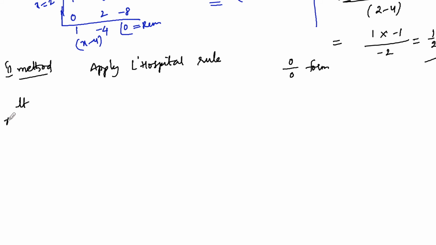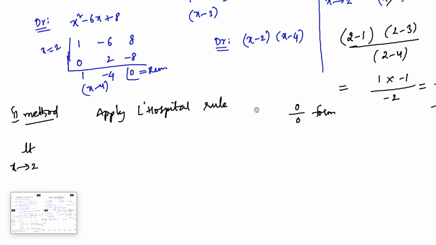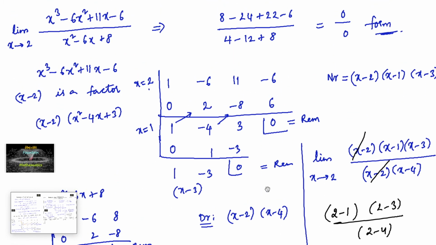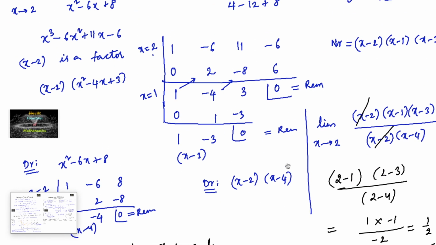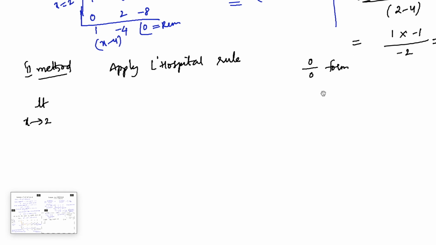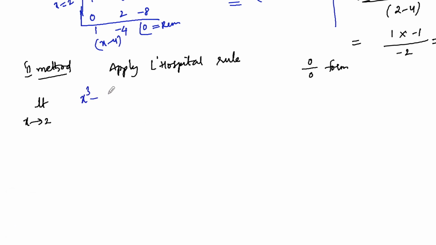First let me write the question: limit as x tends to 2 of (x^3 − 6x^2 + 11x − 6) upon (x^2 − 6x + 8).